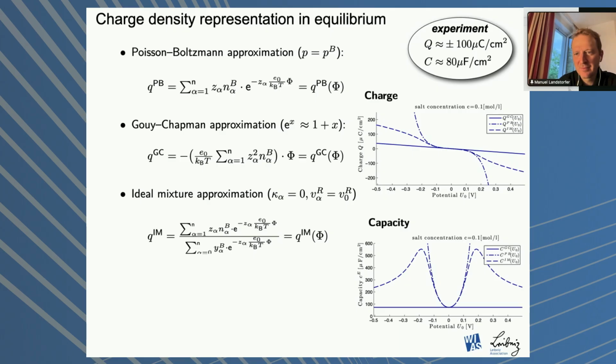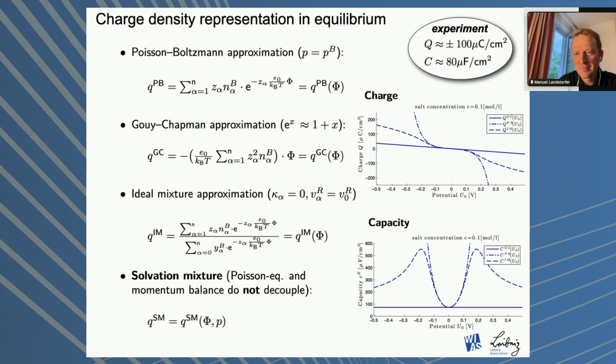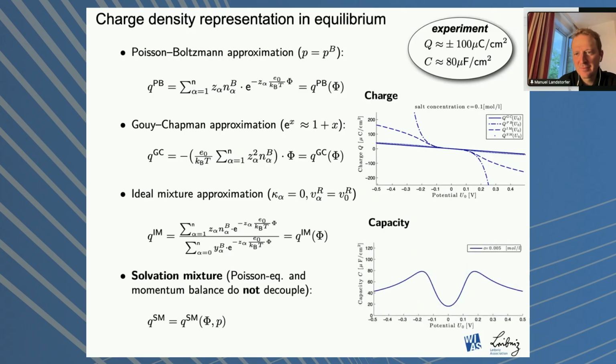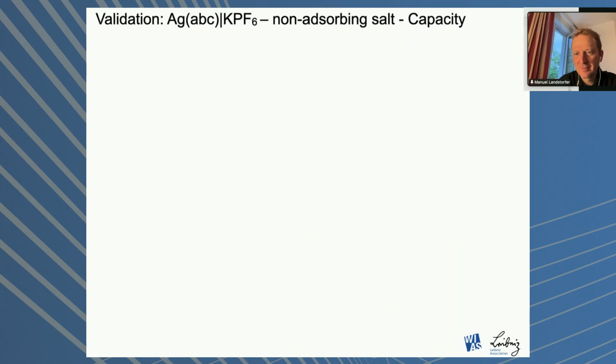However, they still overestimate experimental values by a factor of almost 10. And if you now consider what we used to call a solvation mixture, where the Poisson equation and momentum balance do not decouple, you finally get the capacity value into a realistic setup, which is in accordance with experimental data.